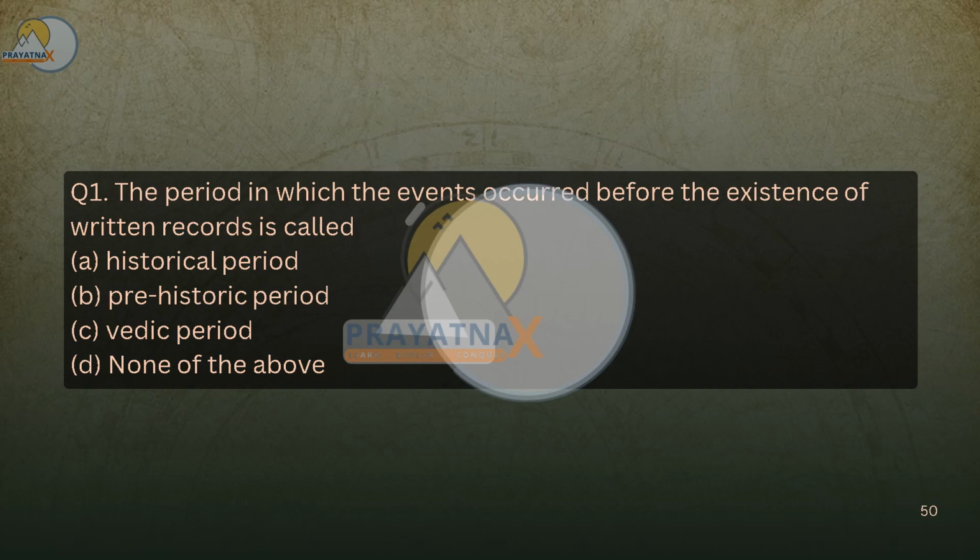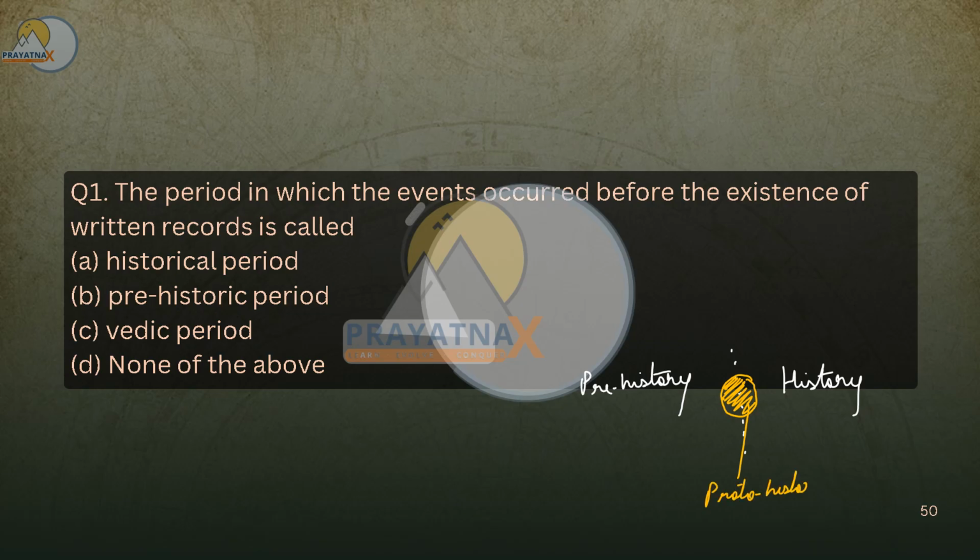I already mentioned while teaching the context of this lecture that the time period before writing was invented is known as prehistory, and the period after writing was discovered is known as history. The period in between prehistory and history is known as proto-history.